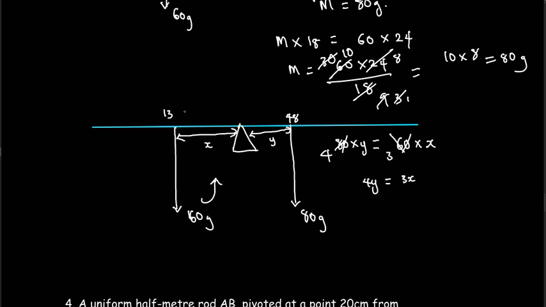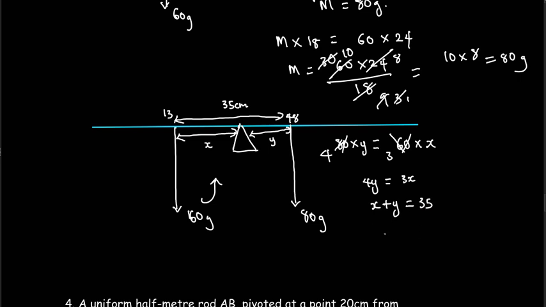Now note something, the distance here is 48 minus 13, and we get the distance there. 48 minus 13, we have 35. So that distance is 35 cm. Therefore, x plus y is 35 cm.